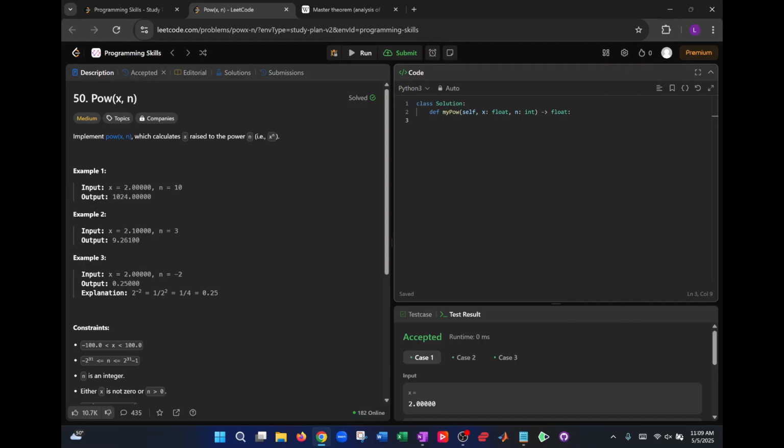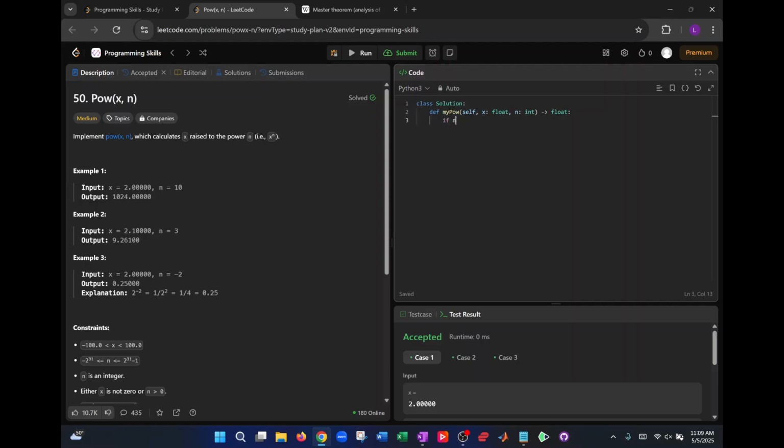So we could do a very simple implementation where you just multiply x by itself n times, but you deal with n being negative first. So let's do that.